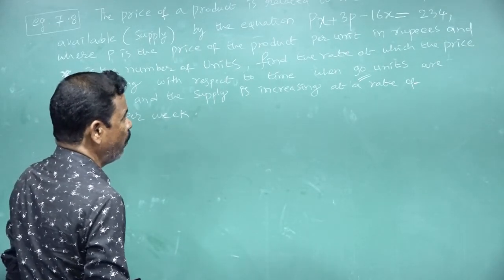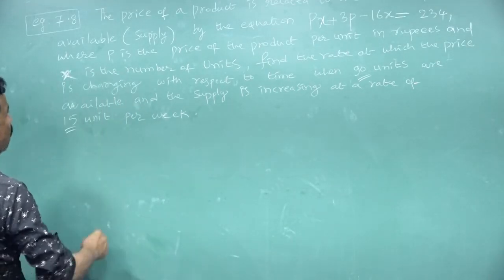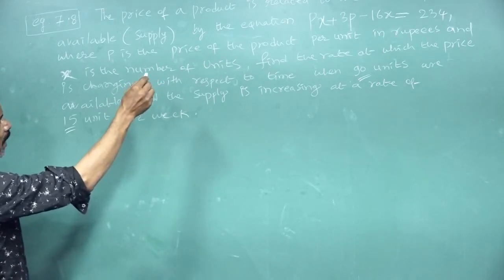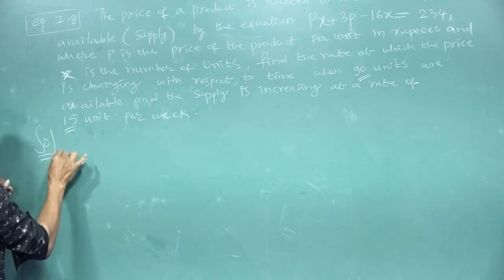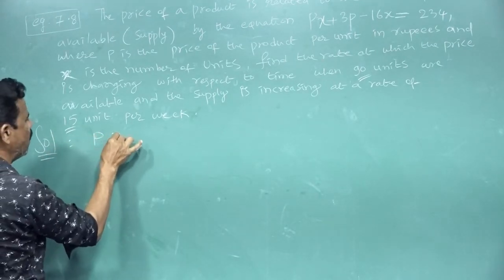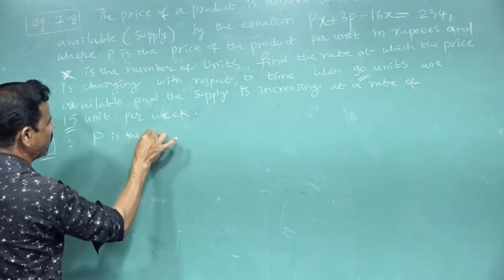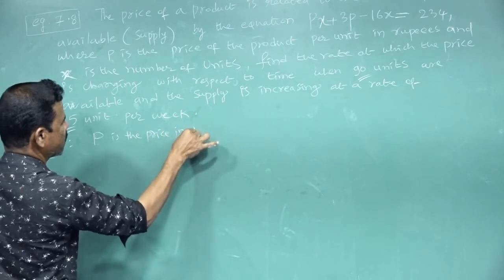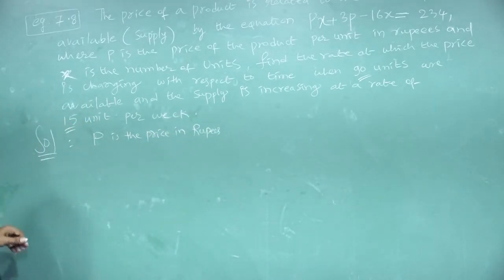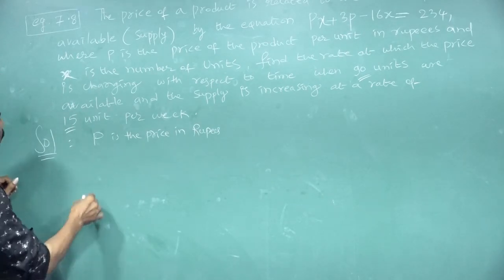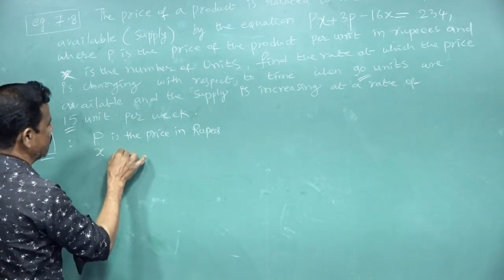So what is given first here? The price of the product is related. Solution. p is the price in rupees. After that, x is denoted by units, supply.